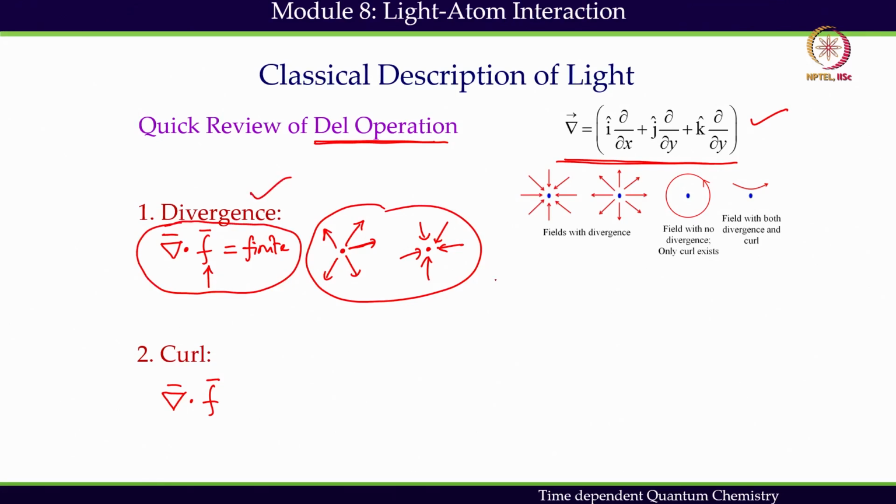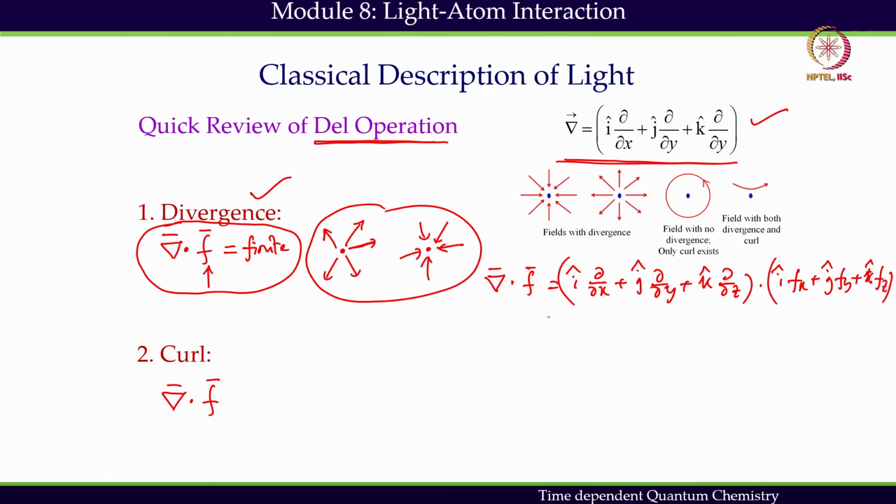On the other hand, mathematically the dot product is represented like this. One can calculate the dot product this way. I have this vector differential operator, and then dot F, which is fx plus fy plus fz.